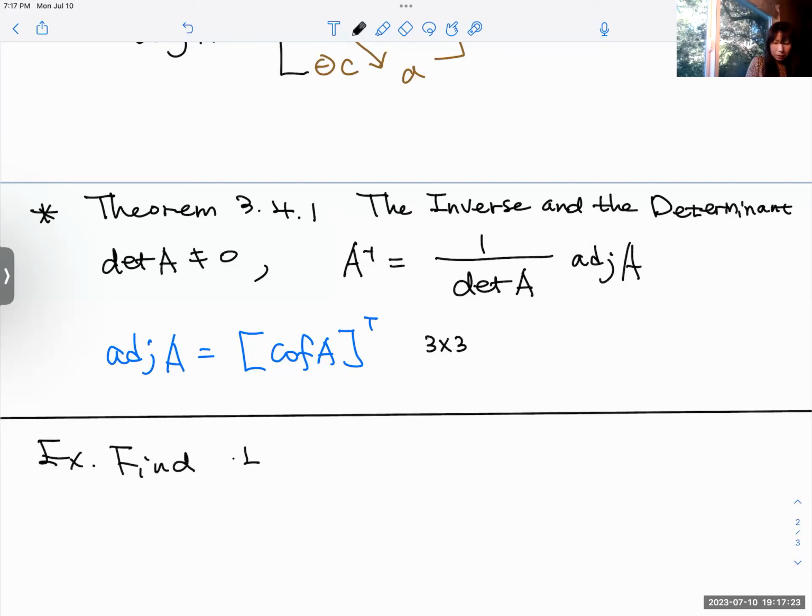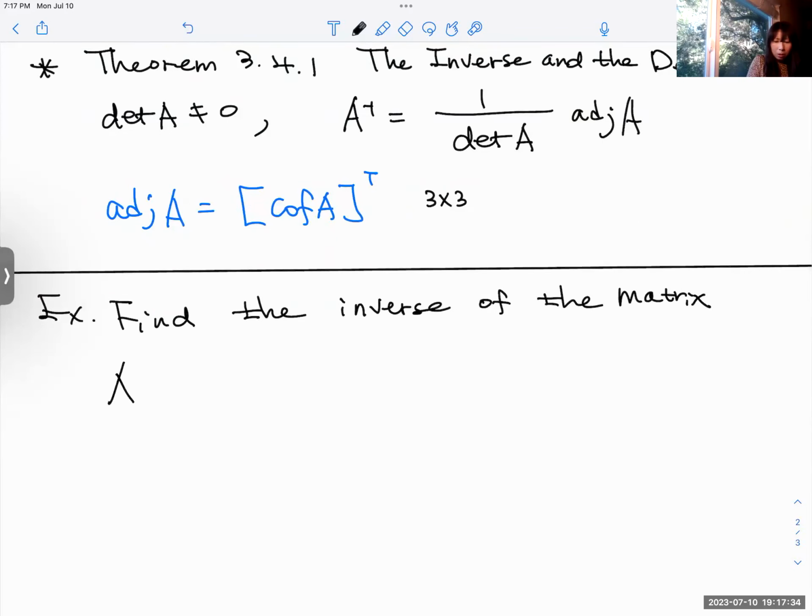Find the inverse of the matrix 1, 2, 3, 3, 0, 1, 1, 2, 1.